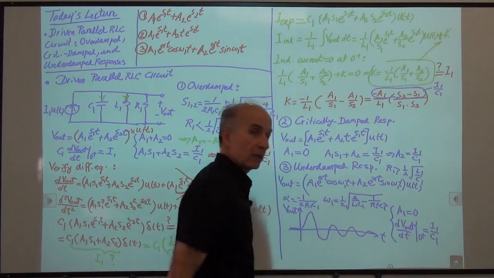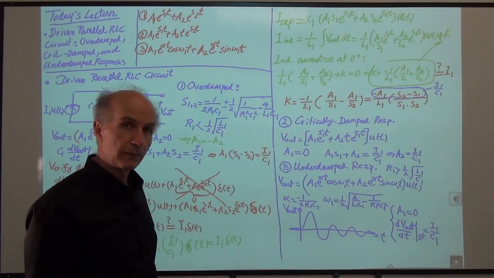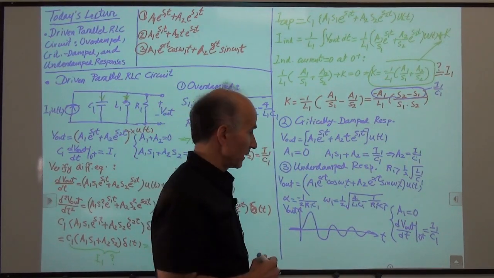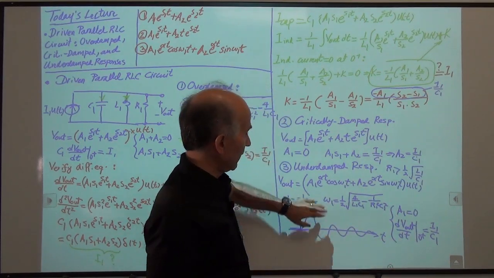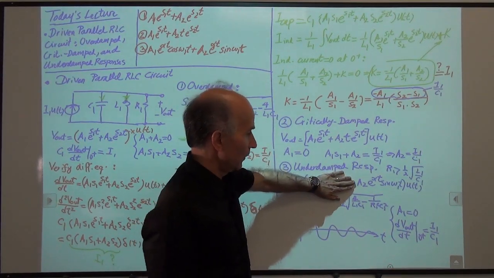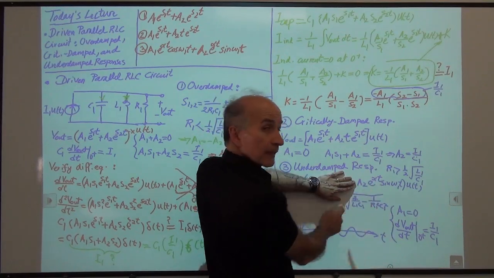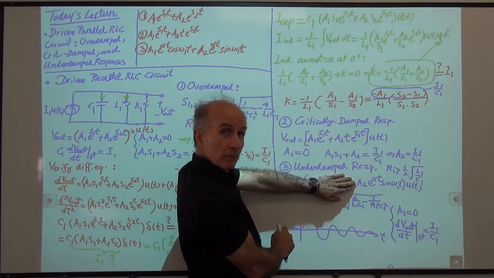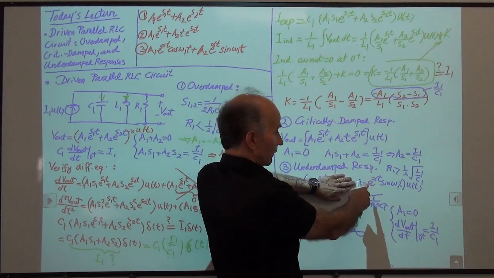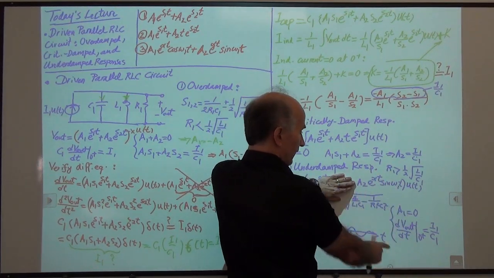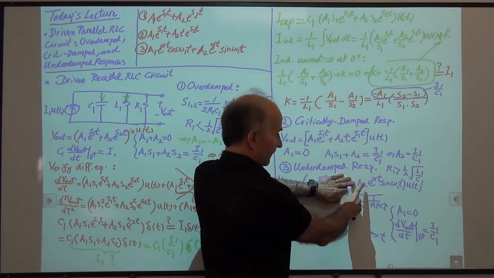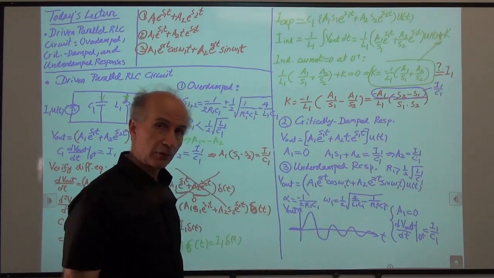From this equation, we can find A2. In this case, it's a little simpler because A1 is 0 anyway, so we don't have to worry about it. We just take the derivative of this at time 0 plus, replace t with 0 plus, calculate that, and equate it to I1 over C1. That gives us the value of A2.